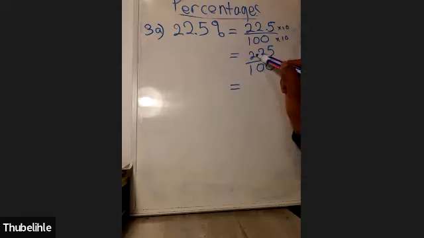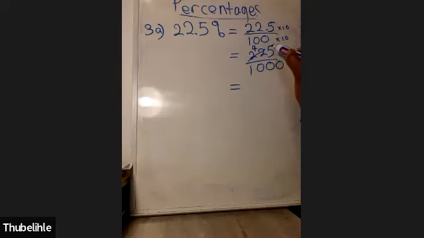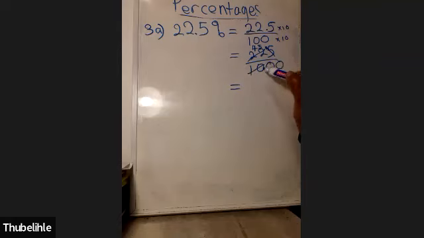I know it's a bit longer, but it's easier for me. 5 into 225 becomes 45. Then 5 into 1,000 is 200, so it becomes 45 over 200. Yes.